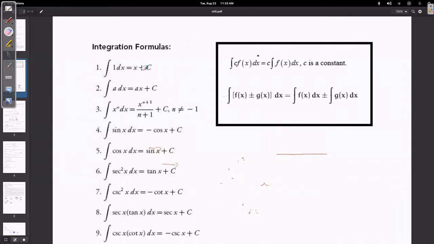Now you will learn how to use these formulas and do integration.